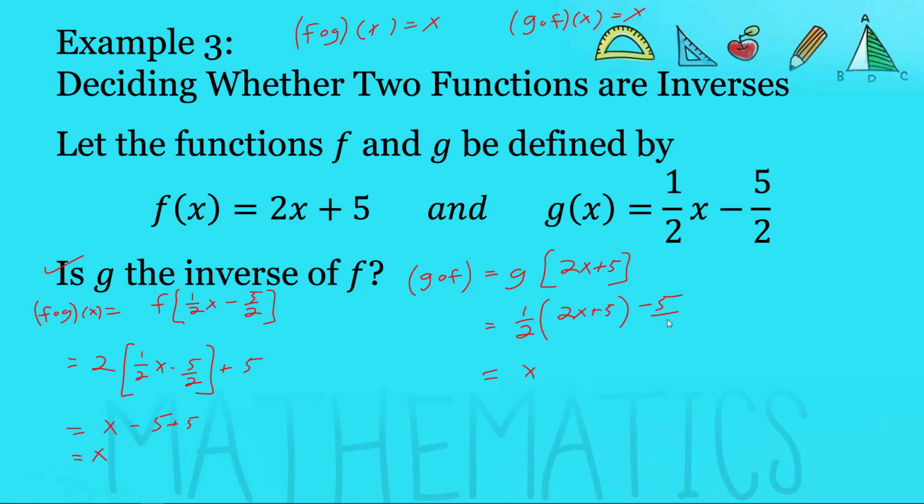Oh, this should be a 5/2. My apologies, I need to do the definition correctly. Then using the distributive property, 1/2 times 2x is x, and 1/2 times 5 is 5/2, minus 5/2. And of course, these cancel, and we have x. So this indeed is a one-to-one function.